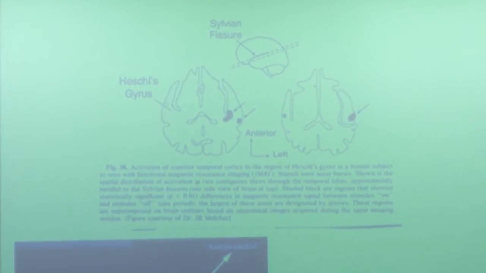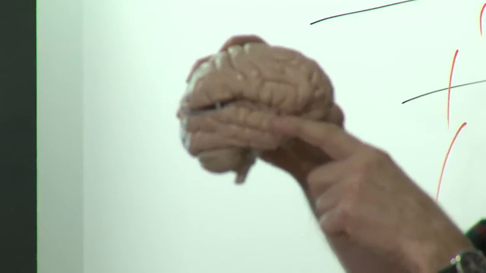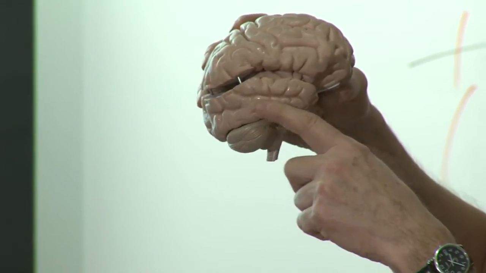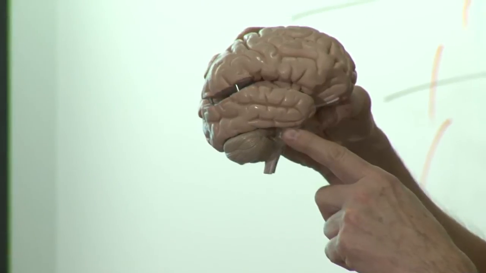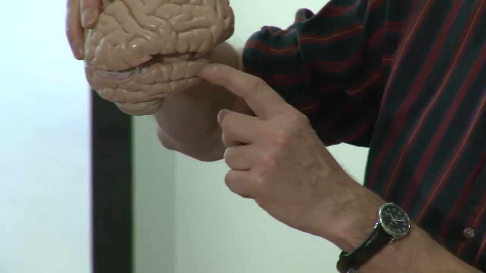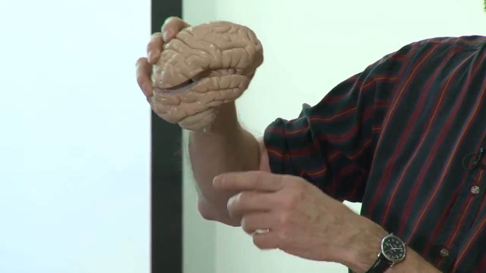Some humans actually have two Heschl's gyri, and they have their A1 on either one or both of them. Now, looking at it from the side view, in the temporal lobe you have the three big gyri: superior temporal gyrus, middle temporal gyrus, and inferior temporal gyrus. A1 is on the superior surface of the superior temporal gyrus, on a little bitty gyrus called Heschl's.